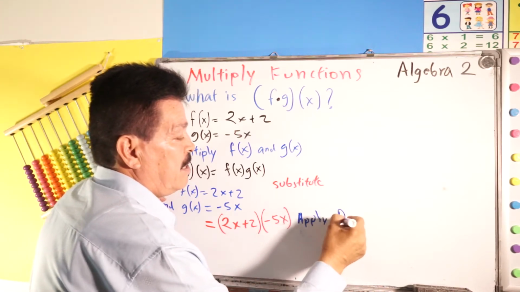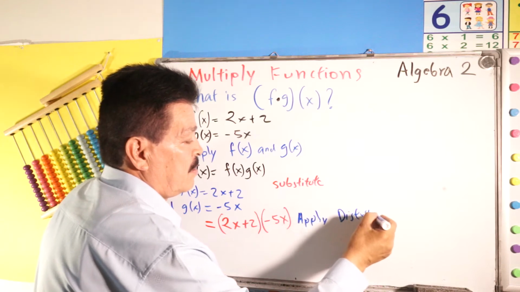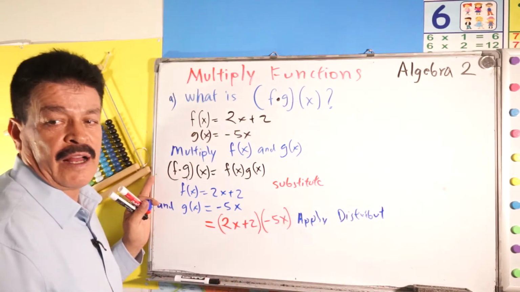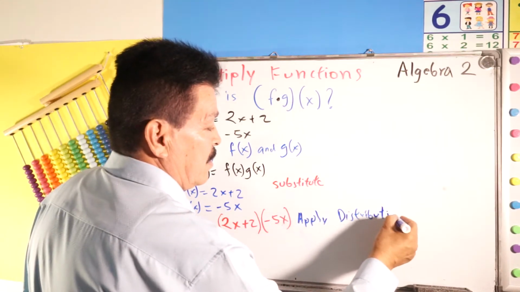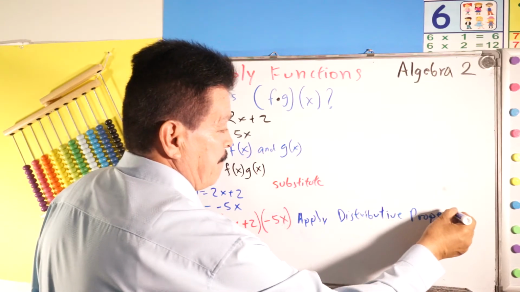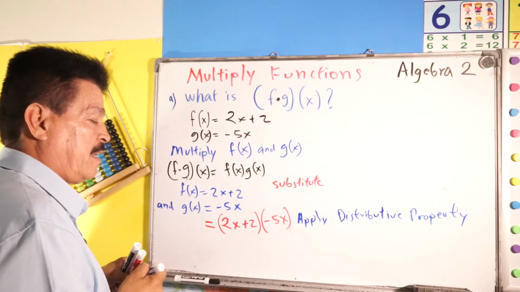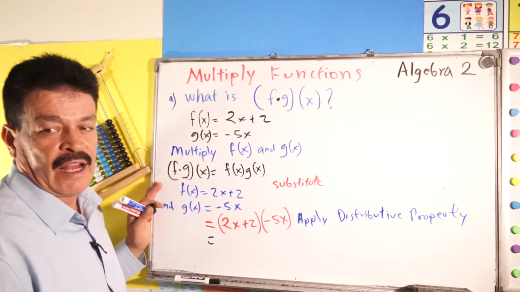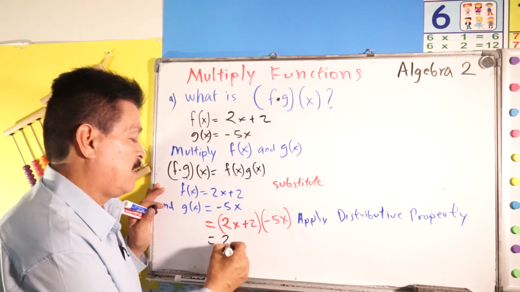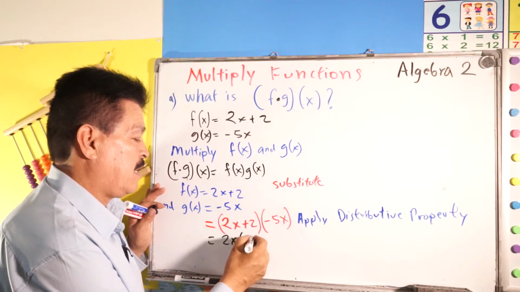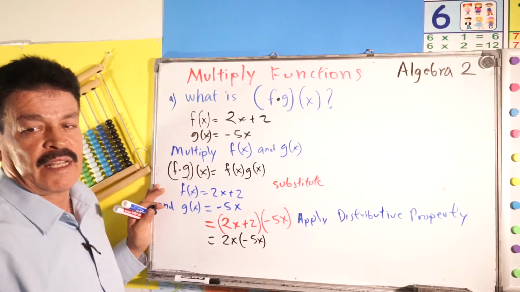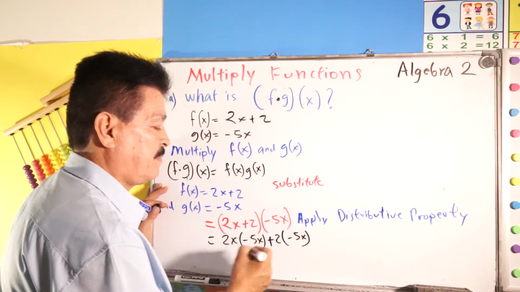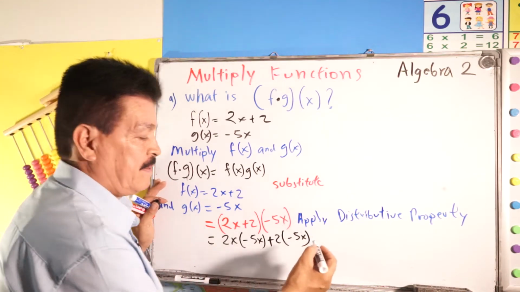Let's apply the distributive property. And then how do we apply the distributive property here? Just write 2x times negative 5x, plus 2 times negative 5x, right? Let's multiply.